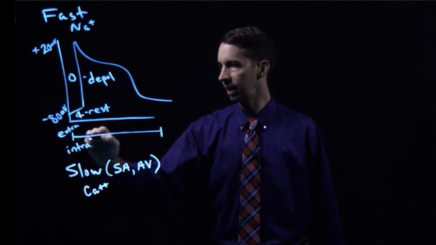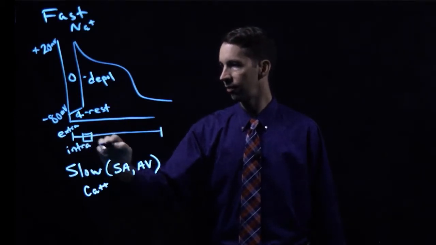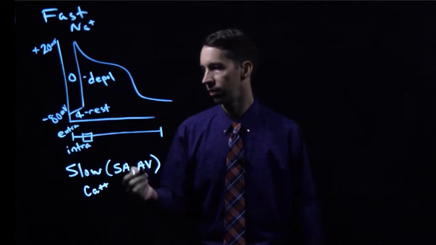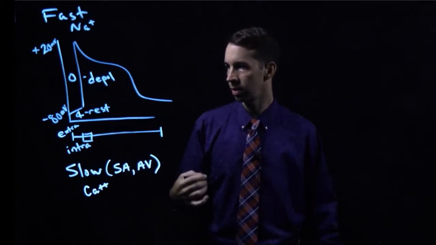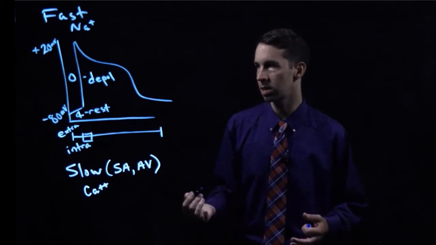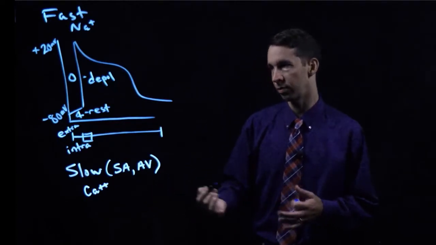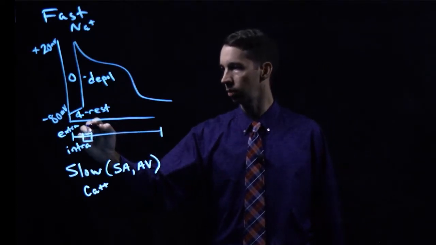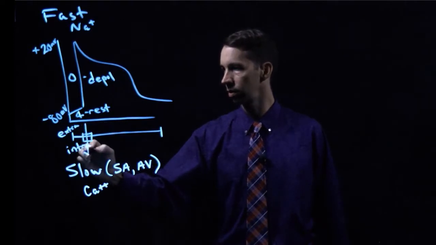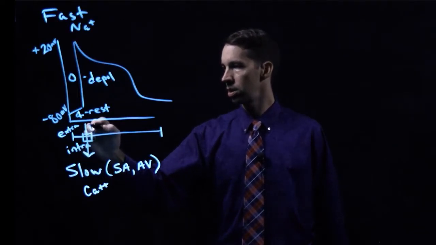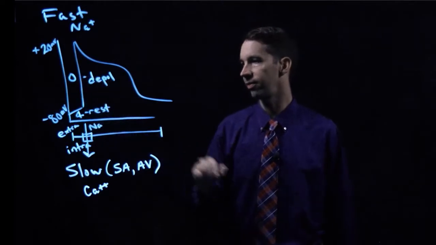We have these voltage-gated channels, which when they open allow the free flow of cations. Start with sodium. Sodium exists mostly outside of the cell, and it wants to move down its concentration gradient and come into the cell real quick, moving in this direction. In doing that, it creates phase 0.